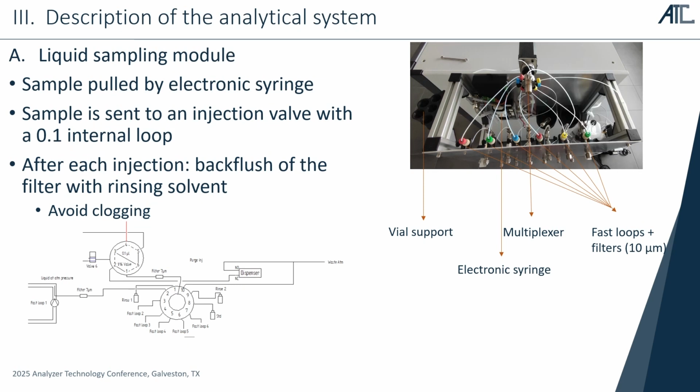When we select a sample, the syringe sucks the sample through this multi-position valve and up to a valve with an internal loop of 0.1 microliter. Then the sample is in the internal loop, and after that we can inject this internal loop into the injector of the GC-MS.